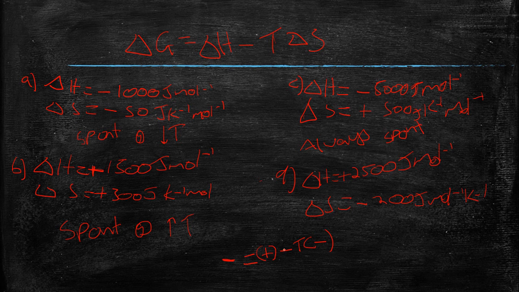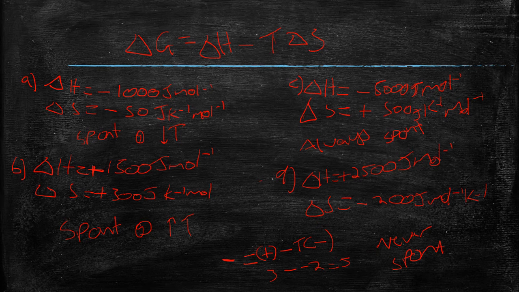A positive minus a minus is a positive plus a positive, basically. And so that should ring some alarm bells straight away, because let's say we have 3 minus minus 2, that's 3 plus 2, which is equal to 5. And you see that no matter what you do to T, you're always going to add a positive value to this positive value, and so you're never going to actually get a negative. So D is never spontaneous.